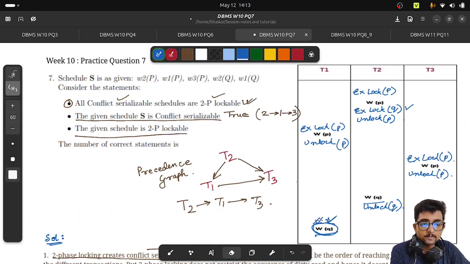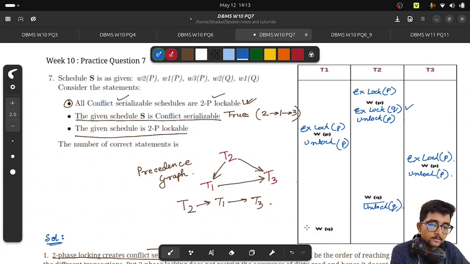When I come back to T1, I see that in order to write Q, we need to get an exclusive lock on Q. We had already started unlocking so that we could write WP by gaining the lock on P in T3. That's why we needed to unlock P in T1 over here.